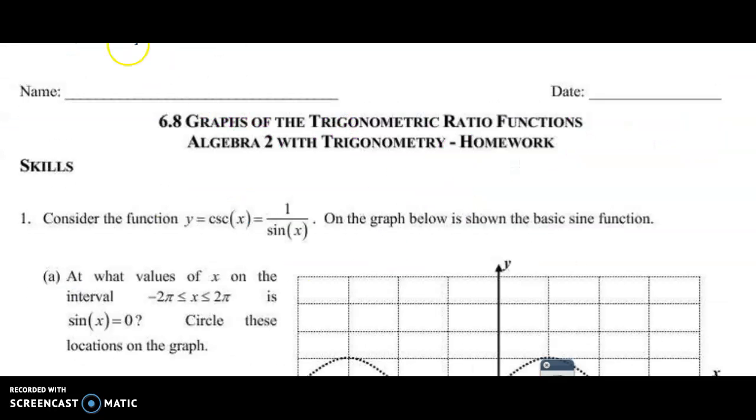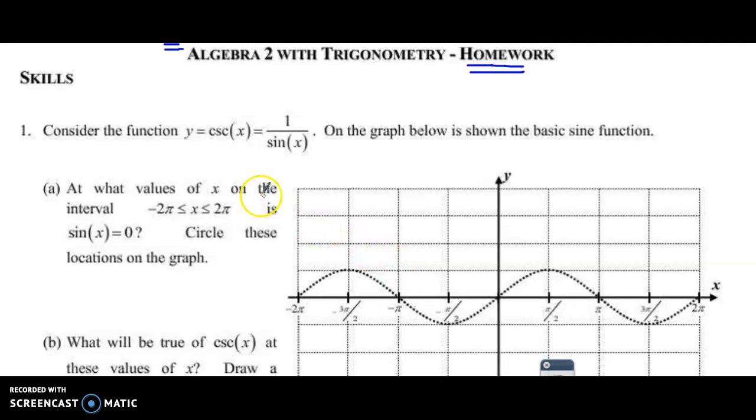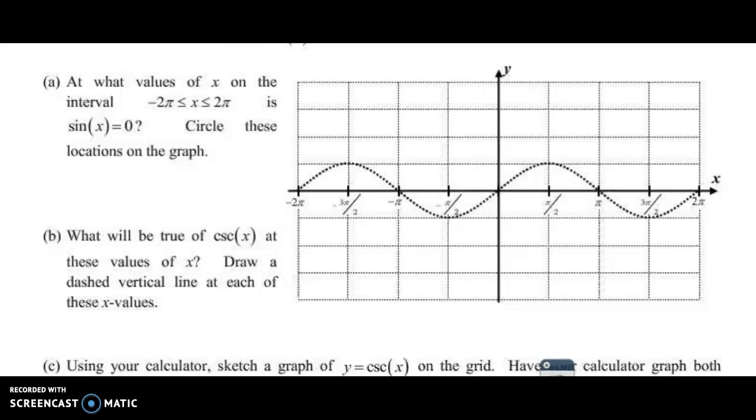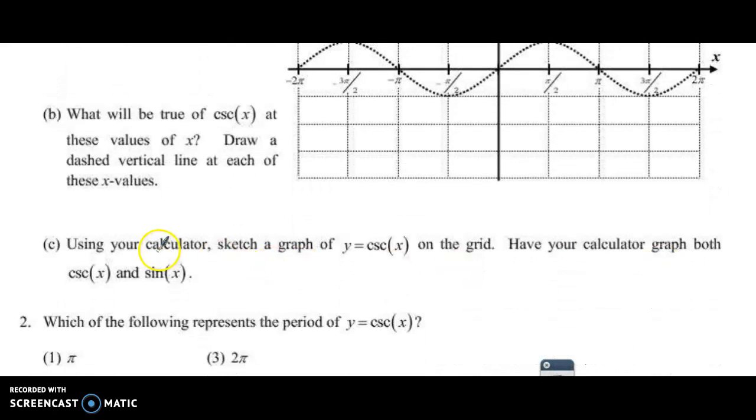So at this point, you should be ready for the homework. I only need you to do 6.8, but I've given you a lot of clues in here, and I think I gave you a few answers. And thinking about how the max for the sine function is going to be the minimum for the cosecant function, that's at least a good starting point for you. Please use your calculator.